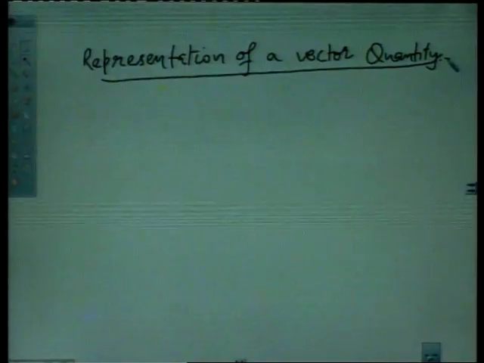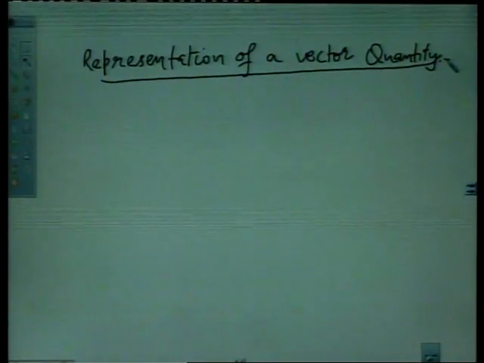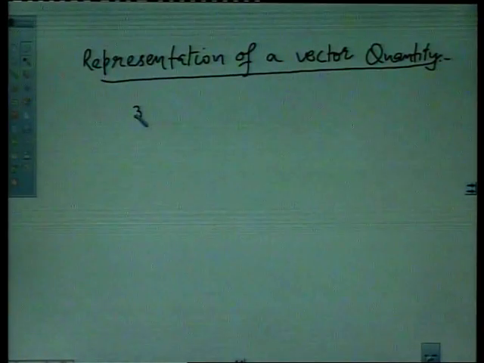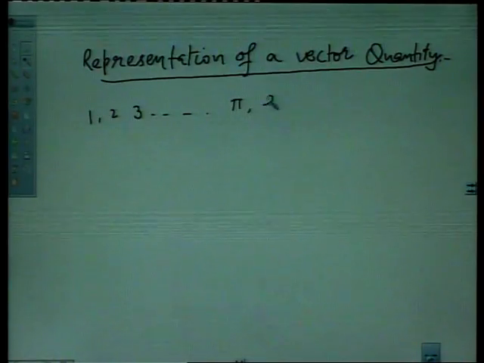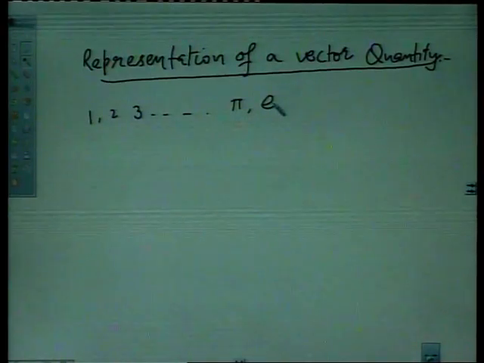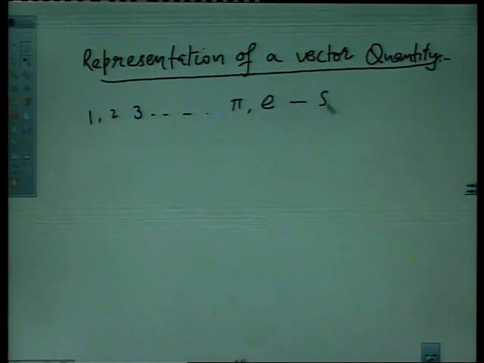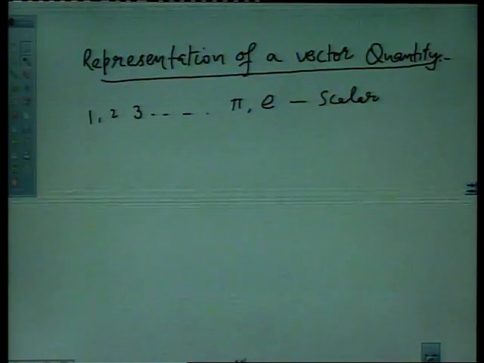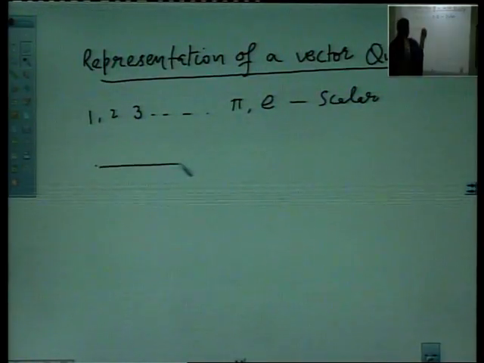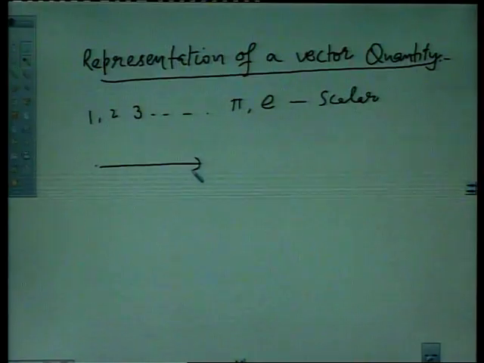As we know that simple scalar quantity can be described by a number which can be 1, 2, 3 and so on. It can be pi, exponential, all these are the scalar quantities. These are only numbers. But to represent a vector quantity, we take a line with an arrowhead.